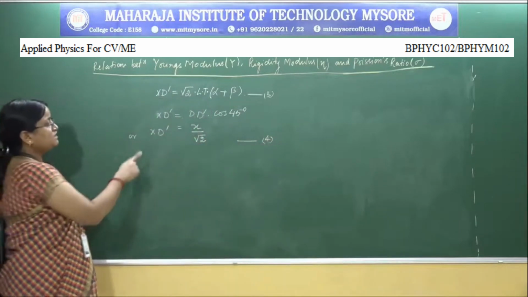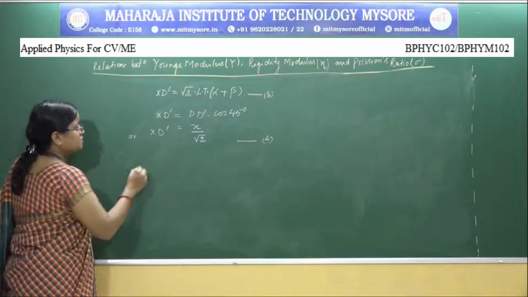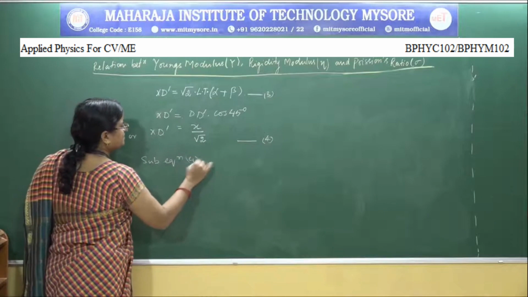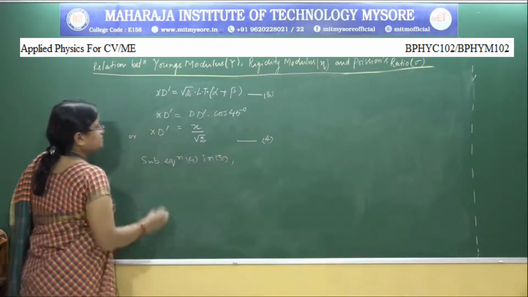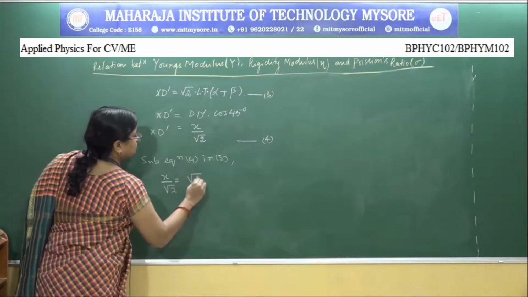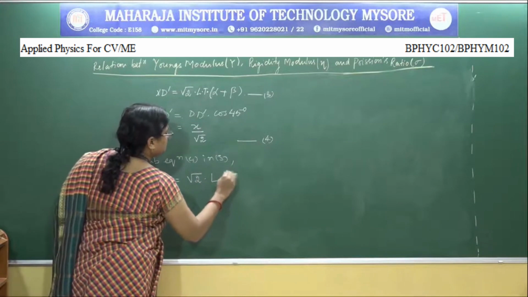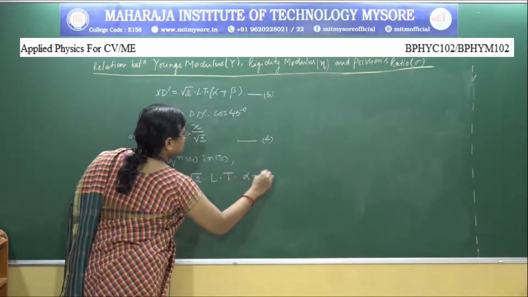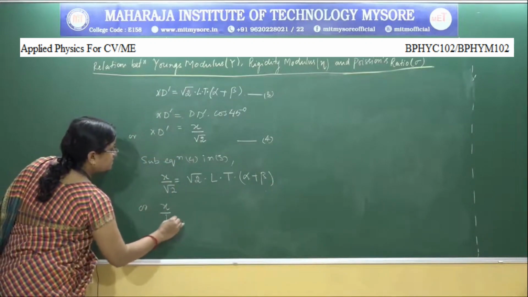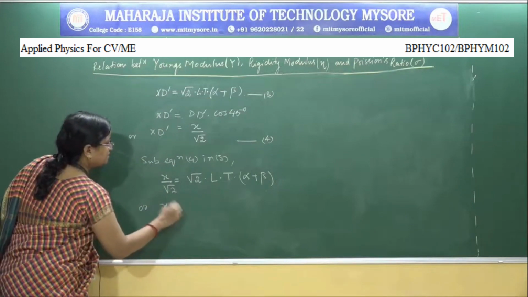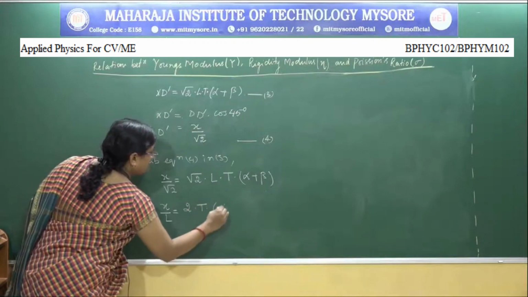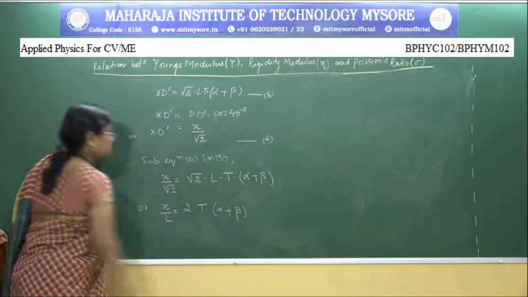If we substitute the value of equation 4 in equation 3, we get x by root 2 equal to root 2 into L T alpha plus beta. Or x by L, taking this L to the denominator, root 2 becomes 2, so x by L equals 2 into T into alpha plus beta.